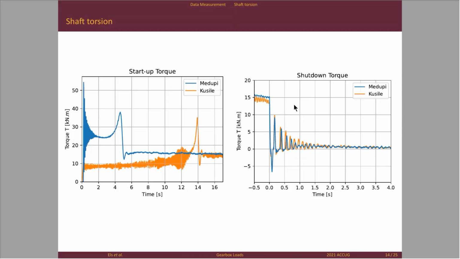So the shutdown torque, I think this is also the electric motor as the current has been switched off. You see this effect, and there's quite a heavy negative torque. I've seen some photos of gearbox breakages at Medupi.